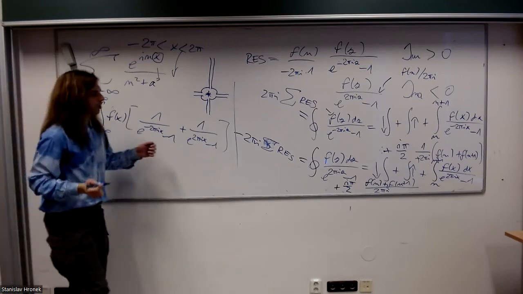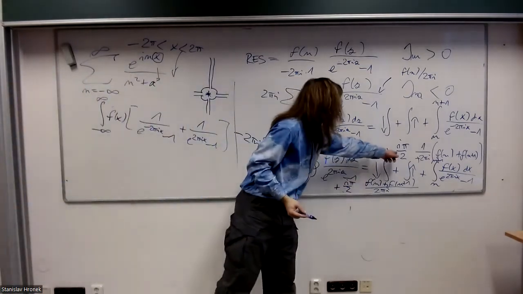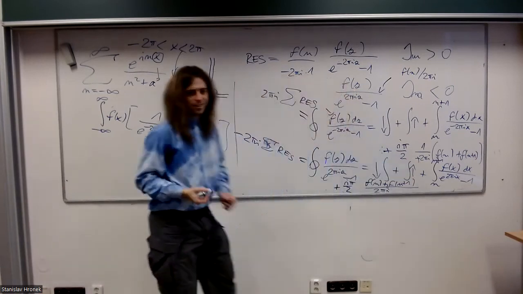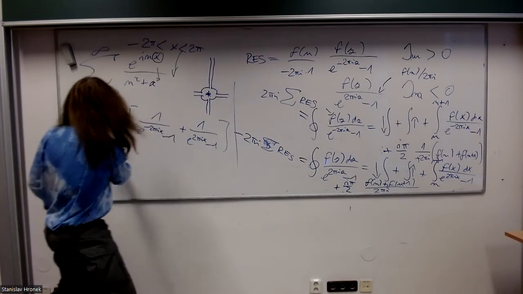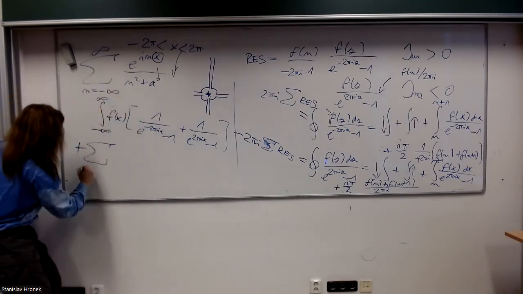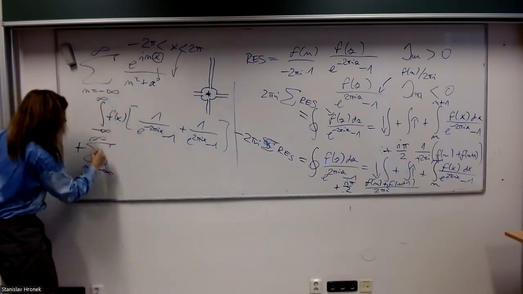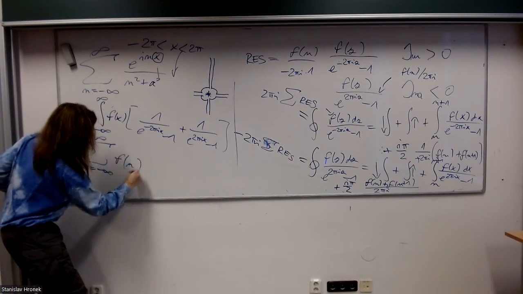So after all, we just get 2 pi i here that will cancel, and we will get a sum from minus infinity to infinity of f(n).